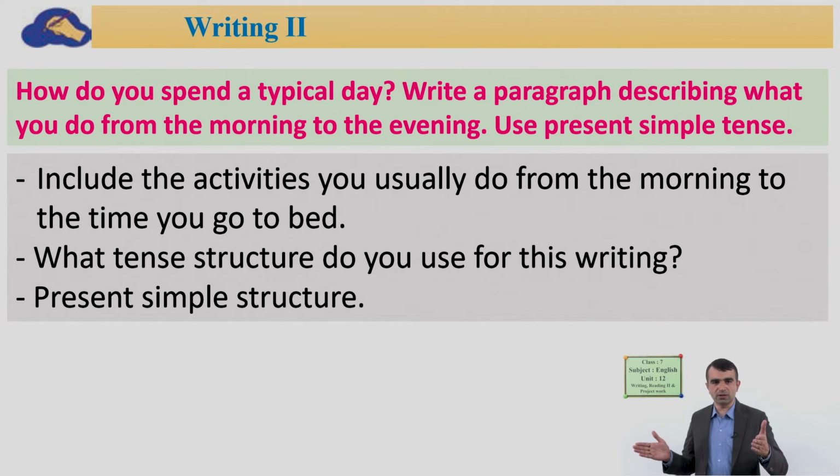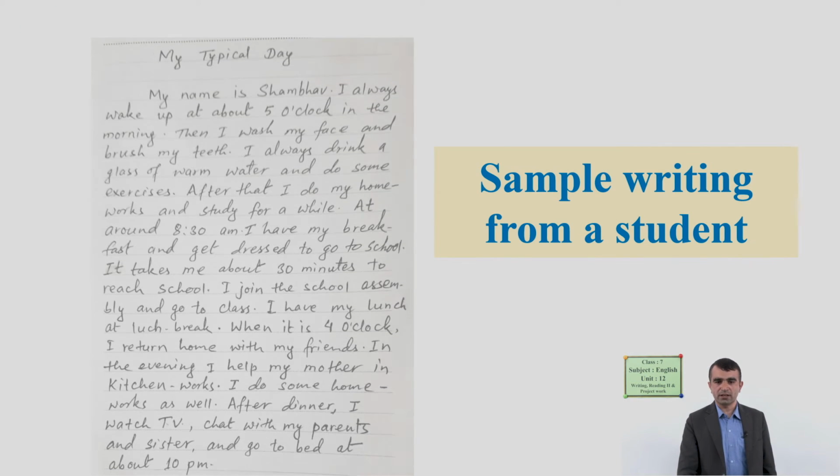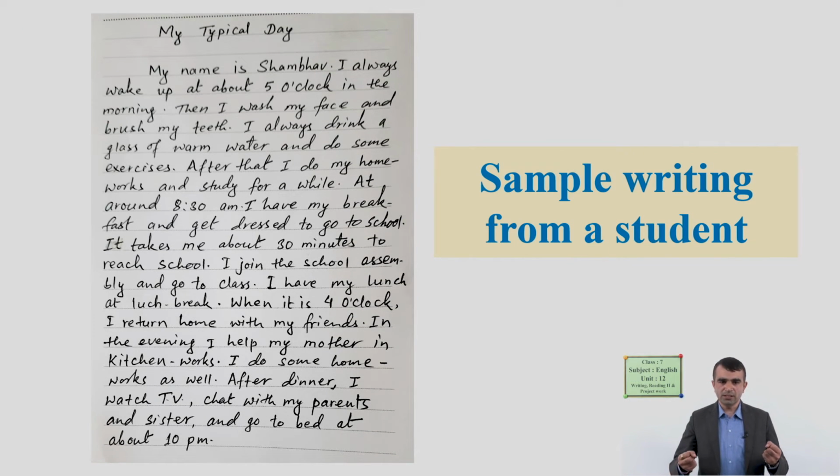Start with what time you get up and then what time you go to bed. Can you? Good. Okay, you can do. Now here is one sample from one of your friends. Here I'll just read it out, or you can read it here. One of your friends from class 7 has written it. My Typical Day, that is written as the title.